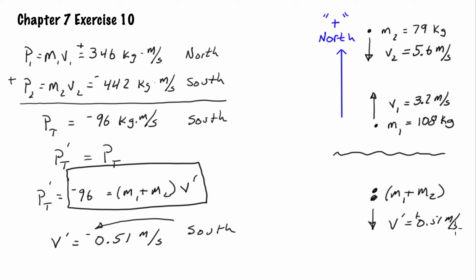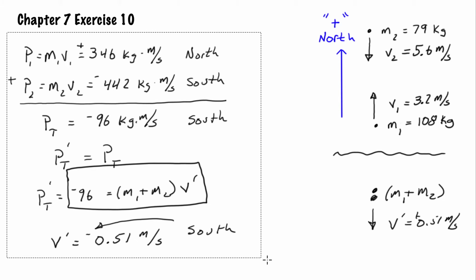So I want you to remember a few things. Player 1 beforehand had a momentum of 346 kilogram meter per second, and player 2 had an initial momentum of 442 kilogram meter per second to the south. And their total momentum came out to be 96. So why don't you make a record of those numbers, because I'm going to erase part of this and try something new.